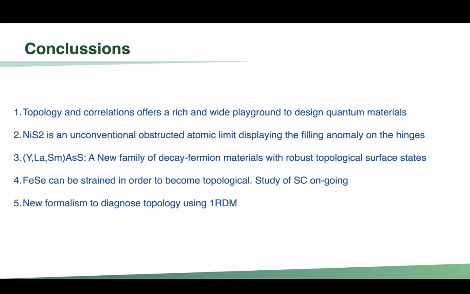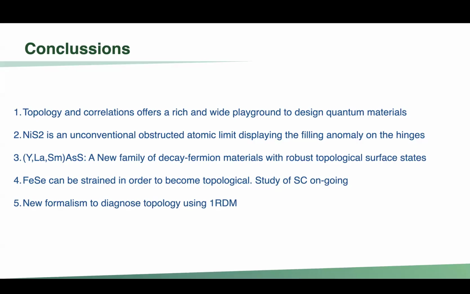So with that, I'm going to conclude. There have been different parts of the talk. Topology and correlations offer a rich, wide playground to design quantum materials. Nickel disulfide is an unconventional obstructed atomic limit that can only be measured at the step edges by STM, and it also gives an answer to the origin of these hinge states in nickel.